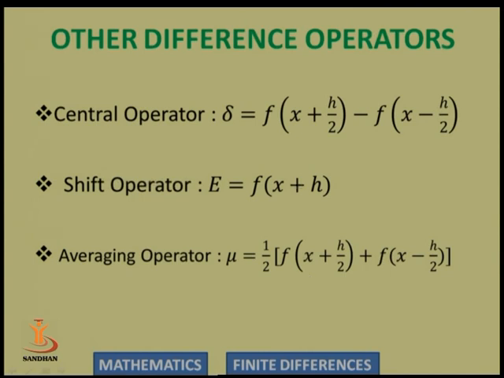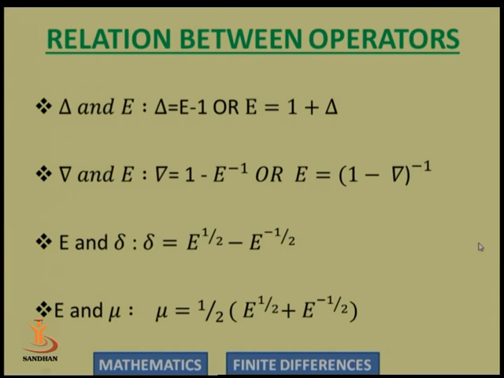To evaluate all these things, we have some relationships to make our results very simple. So some basic relations are displayed here. All the relations are in terms of delta and E. The relationship between the forward difference operator delta and the shift operator E is delta equals E minus 1. In the same way, we can represent E as 1 plus delta.